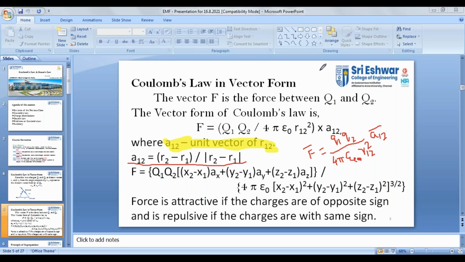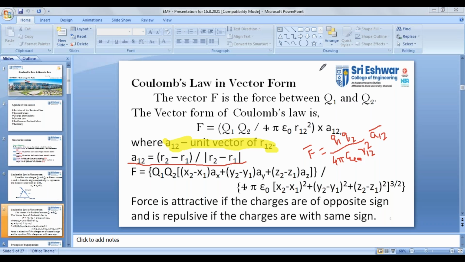Have you got it? Now I am going to put this particular value in the force expression. So what will happen? Q1 has got 3 dimensions, Q2 has got 3 dimensions.